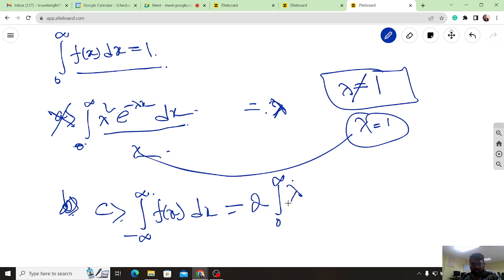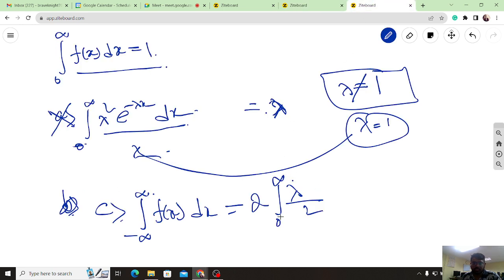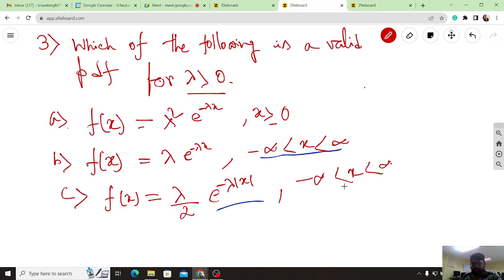I can write this function as 2 and 2, because this is from 0 to infinity and it was from minus infinity to infinity and it was mod x value.